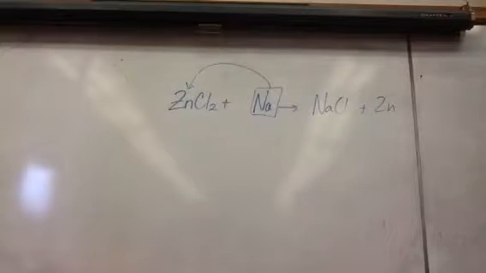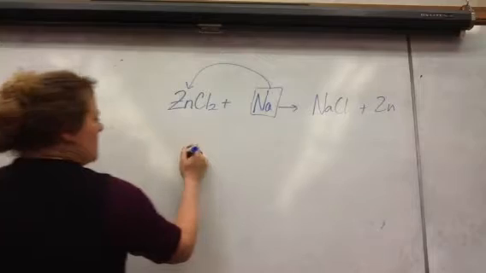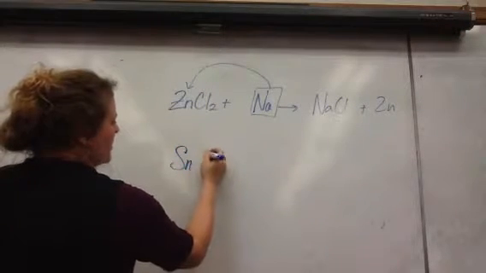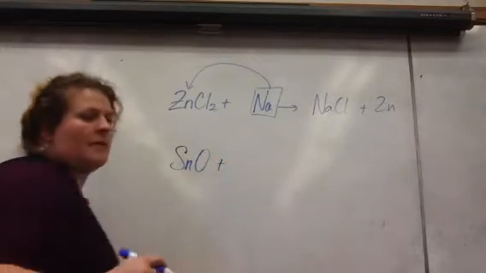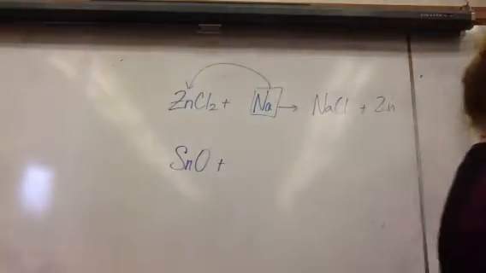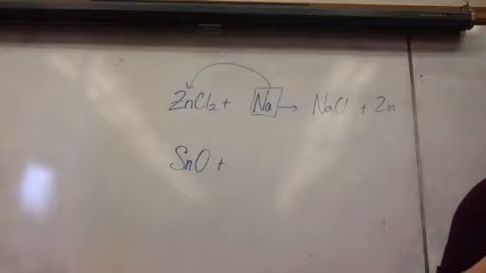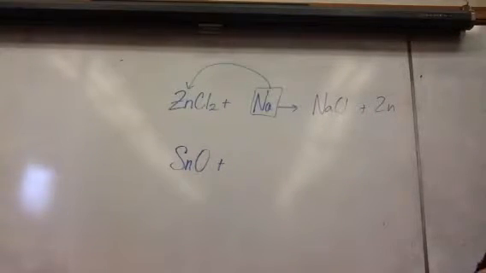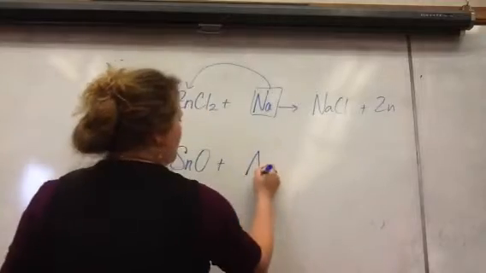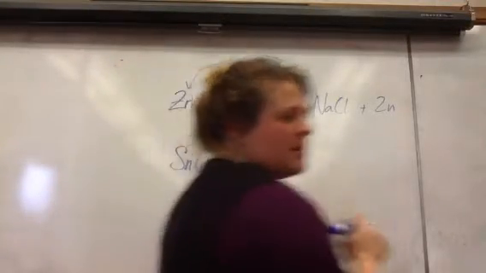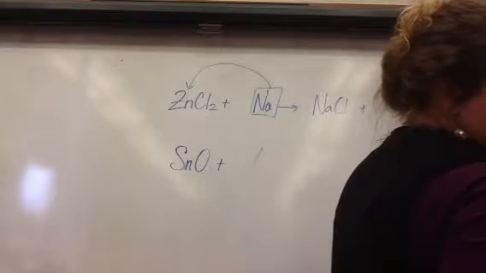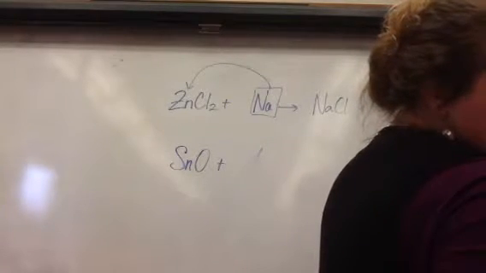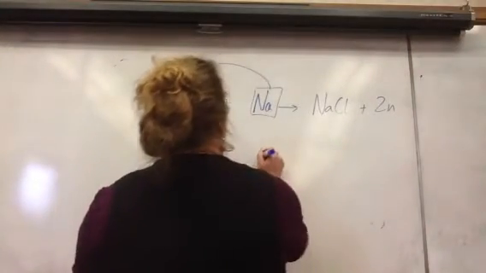Now let me give you another example. If I have tin oxide, tin 2 oxide, an aqueous solution of tin 2 oxide, into which I toss a chunk of copper.